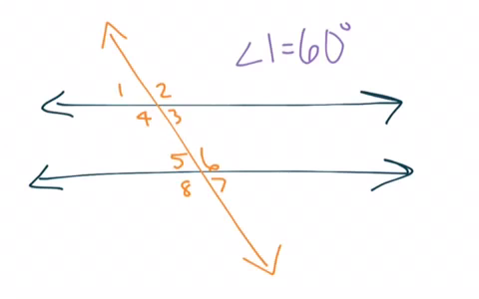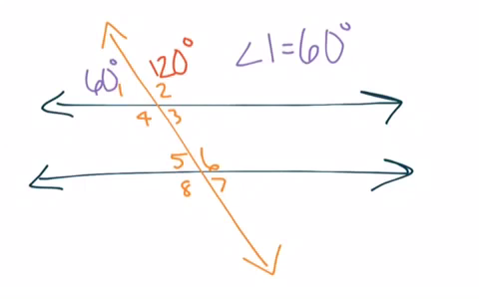This last part, you can find missing angle measures if you just have one angle measure that you're aware of. If I tell you that angle 1 is 60 degrees, we know that angle 2 is going to be 120 degrees because angle 1 and angle 2 are in a straight line, so they have to equal 180 because they're linear.